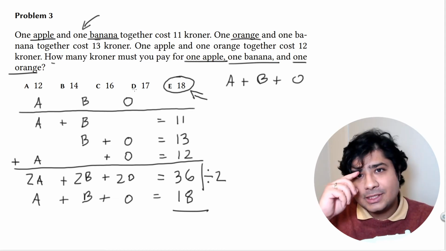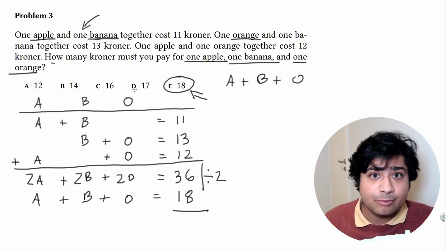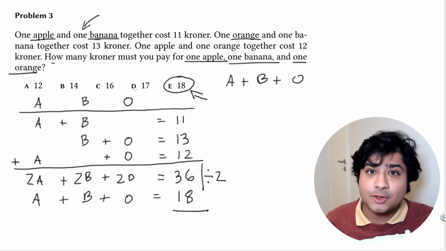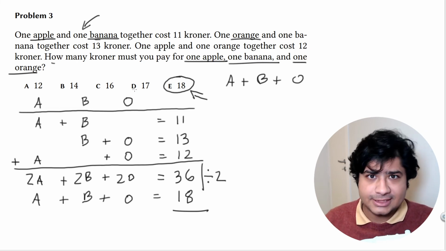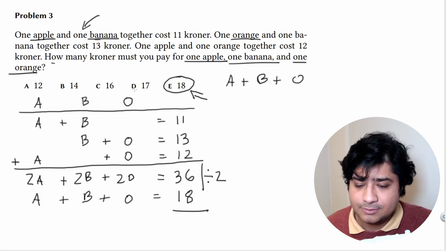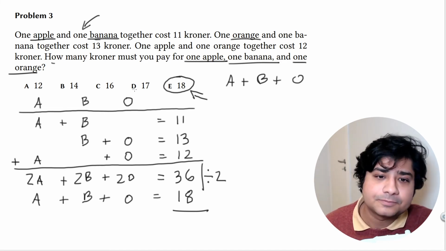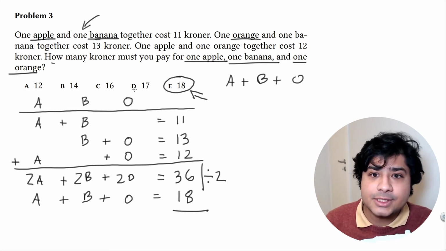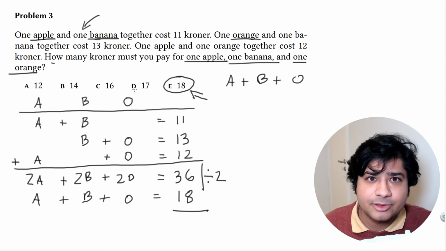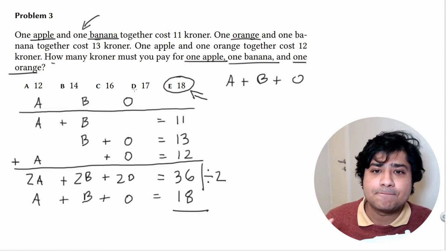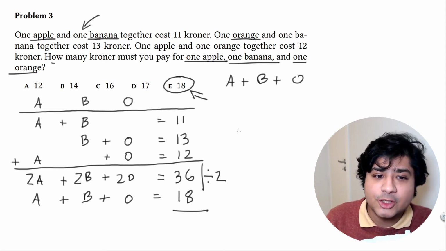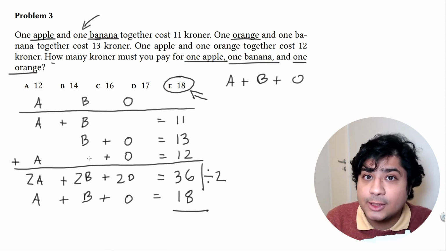Now, I want to just comment on this because this is a type of problem that comes over and over. Usually there's this type of problem per every contest or every year. And sometimes this one particularly is a pretty easy one, I would say. Sometimes it's not good enough for you to just add all the equations together.